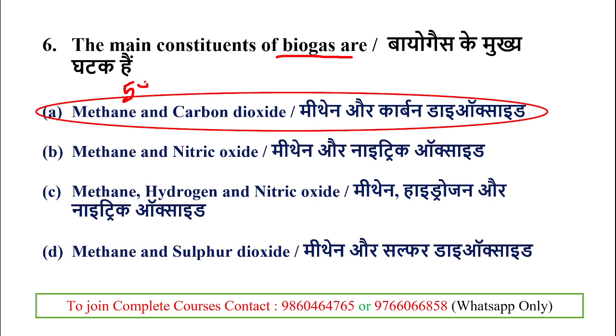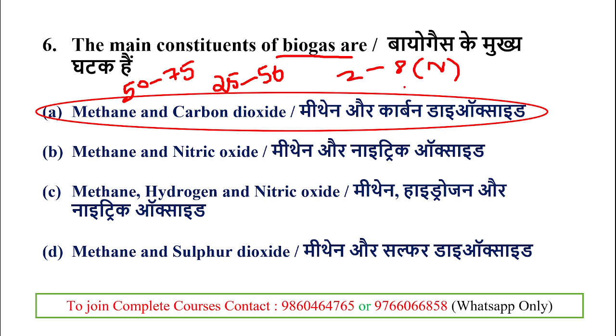In biogas the most abundant element is methane, and next is carbon dioxide, at 25 to 50%, and a small amount of nitrogen, only 2 to 8%. Clear? So methane and carbon dioxide are the main constituents of biogas, and a little nitrogen.